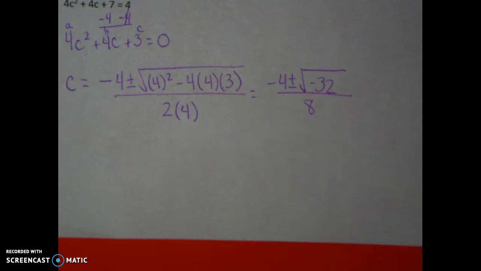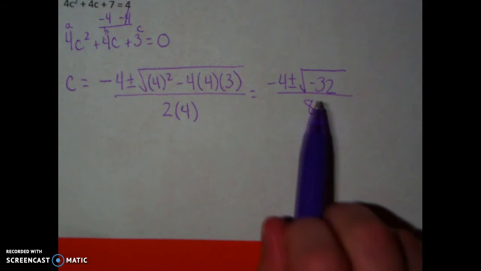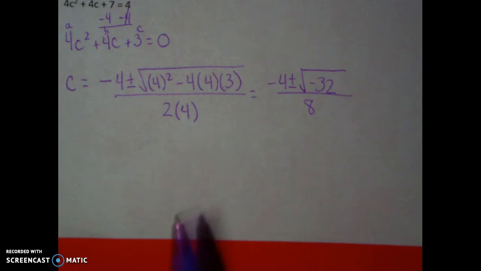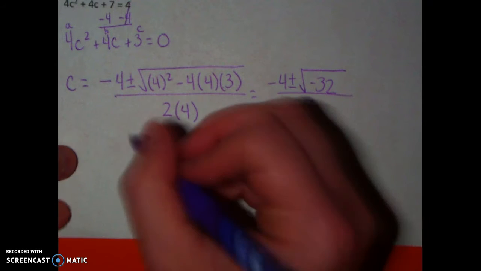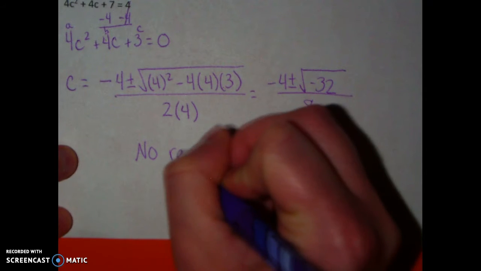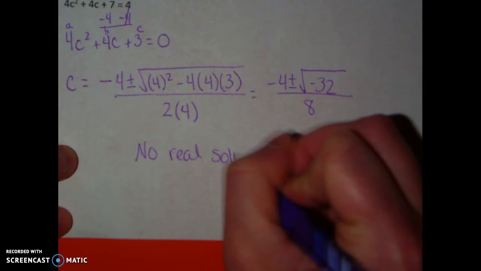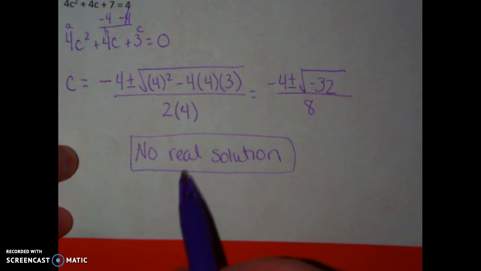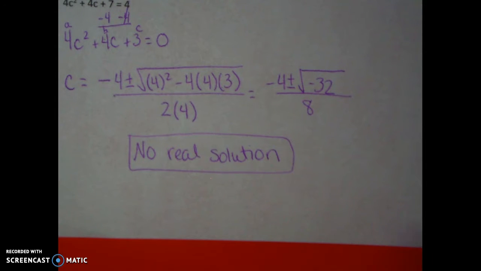Okay, at this point you can just write no real solution because you cannot take the square root of a negative number this year. Next year in Algebra 2 you can, but for Algebra 1 this year you would just write no real solution. And we say no real solution because, as you'll see next year, there are imaginary solutions. I know it's kind of weird. So no real solution.